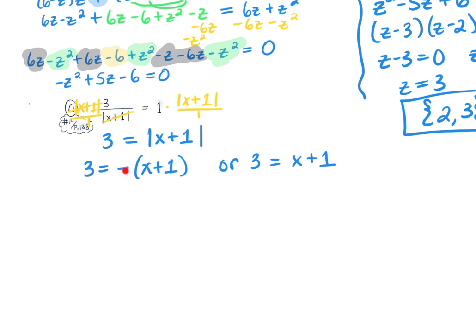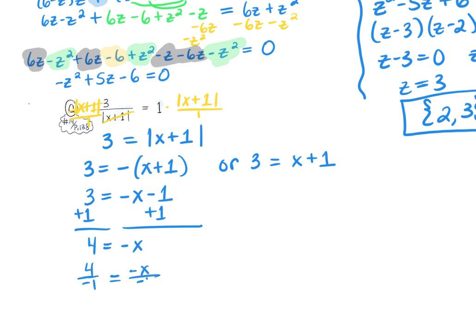Distribute the negative, yes. So then we have 3 equals what? Good. Now what? 4 equals negative x, and then what? Divide both sides by negative 1 to get negative 4 equals x.